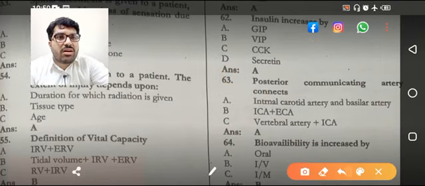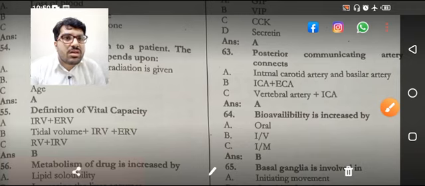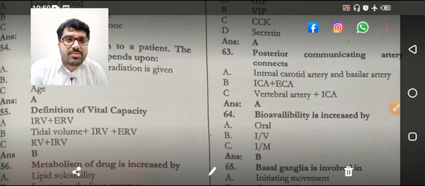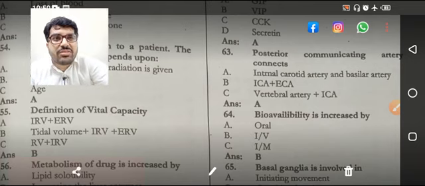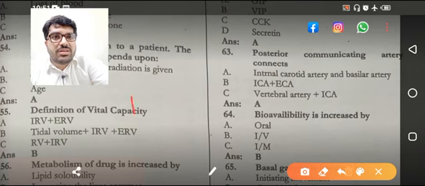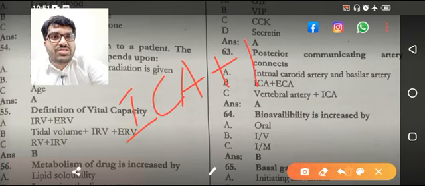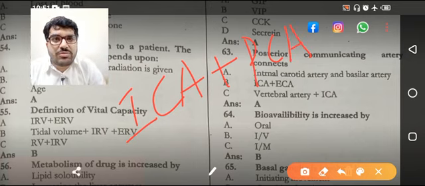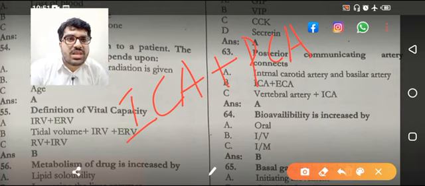Posterior communicating artery. Posterior communicating artery connects, so the answer is ICA with PCA above the oculomotor nerve.